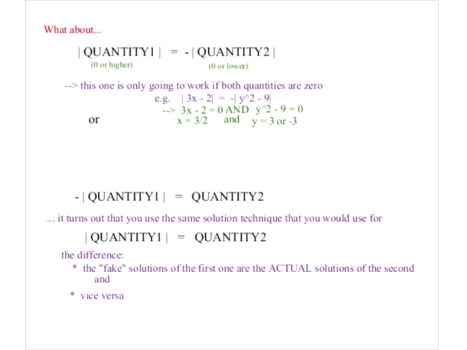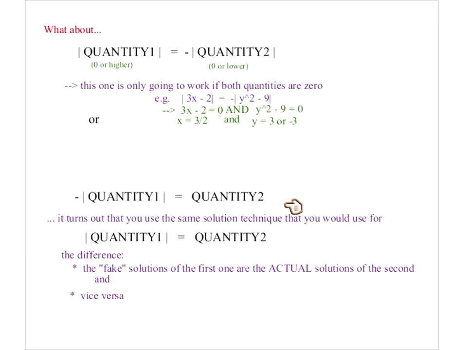And vice versa. But you would still do the same thing. In other words, you would set up the two equations, one of which would say the opposite of this equals this, and one of them would say this equals this. It's the exact same situation. The only difference is that the fake solutions and real solutions would switch places.